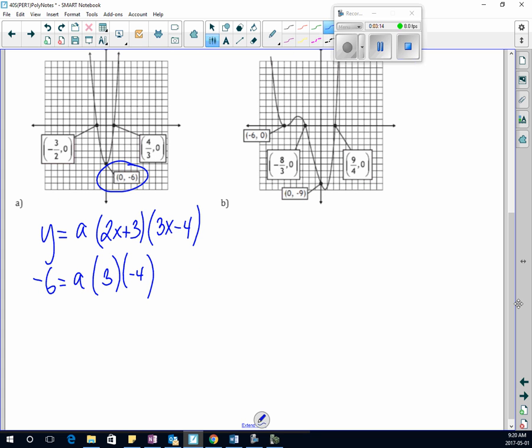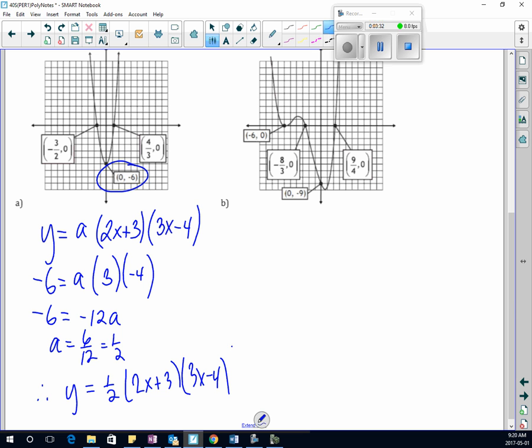So 3 times -4 is -12. So A equals 6/12, which is a half. Therefore, y equals 1/2 times 2x plus 3, 3x minus 4. Any questions?